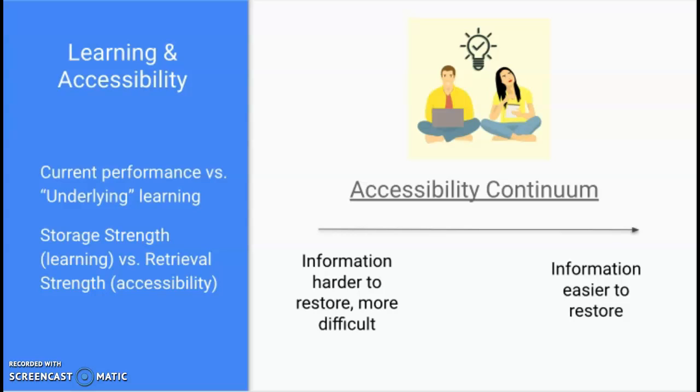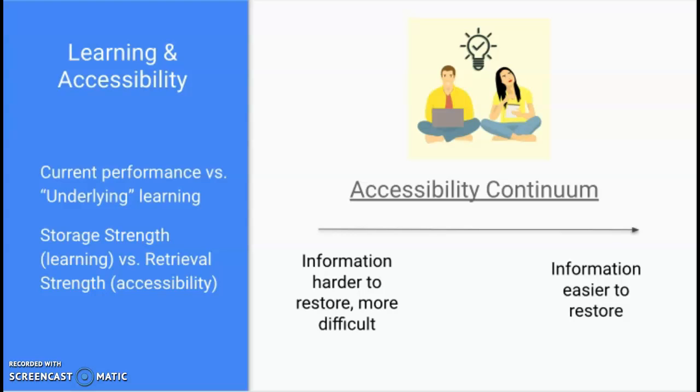They then discuss the accessibility continuum, which in a sense, we all have information that's easy to restore. For instance, if we lived in California and the question was asked, what is the capital of California? That information is accessible to us. It has a high accessibility.